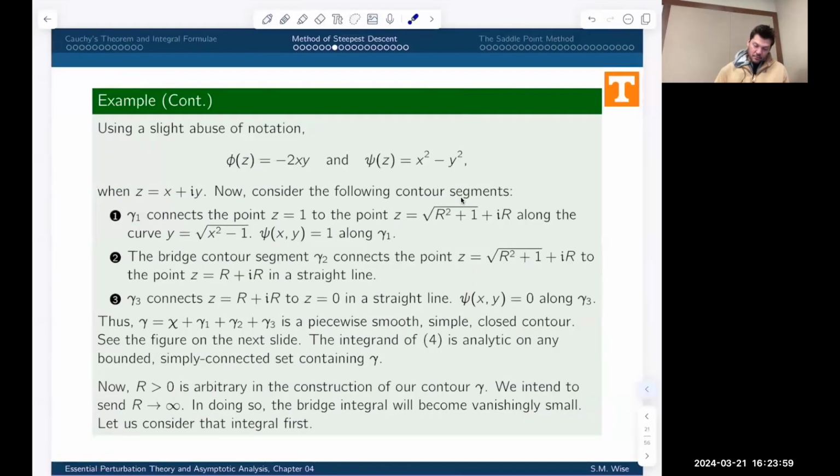So remember, the contours gamma 1 and gamma 3 have to be constant psi contours. So they're actually not that hard to choose, because all I have to do is figure out what value of psi, what level curve do I have to choose. So if it's 1, then I'm just going to set these guys equal to 1 and then solve x for y, or solve y in terms of x.